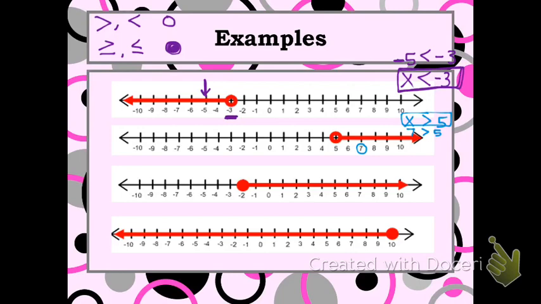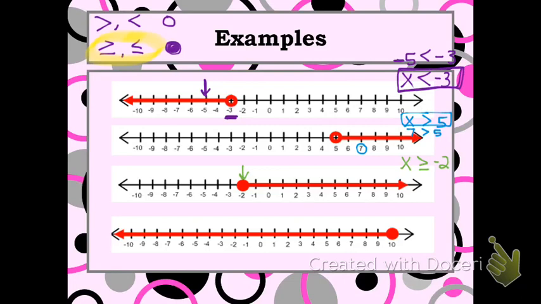All right, the next one has the cutoff point at -2. But this time, the cutoff point is a colored in circle, which means that my two choices are either greater than or equal to or less than or equal to. Just like before, I'm just going to take a guess. I'm going to guess that maybe it's greater than or equal to.